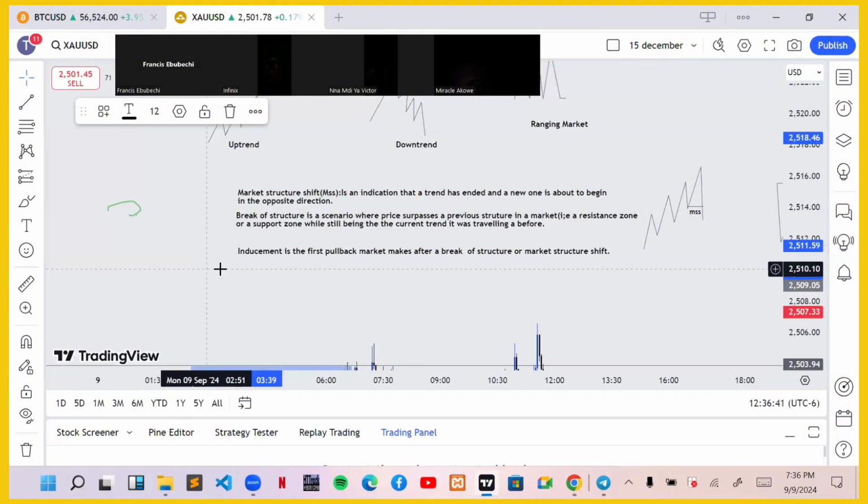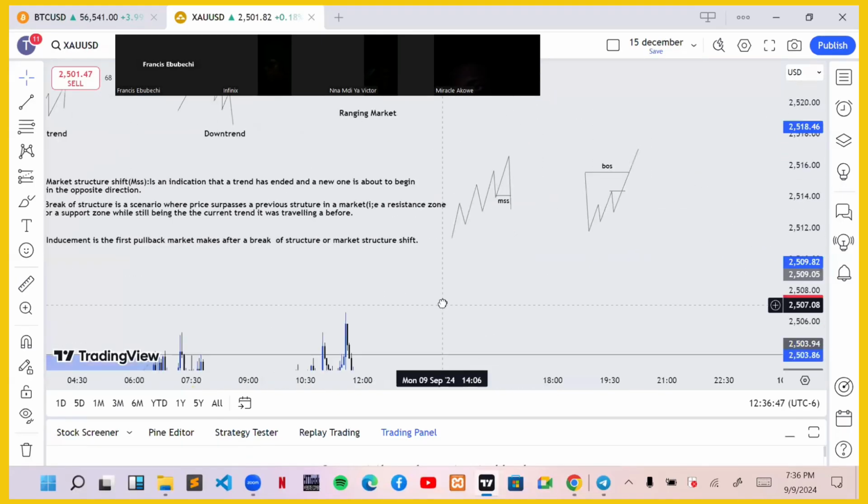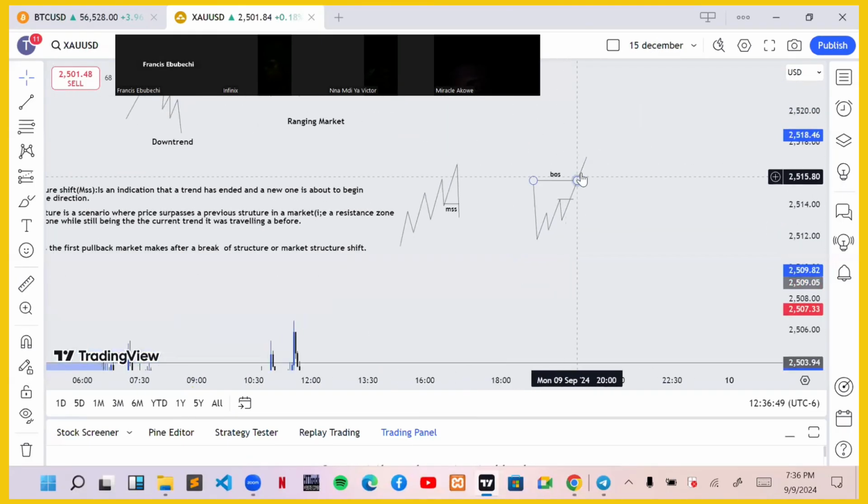Inducement is the first pullback that market makes after a break of structure or a market structure shift. So something like this, for example, this is a break of structure. After market breaks structure, there's usually a first pullback that market makes. After the market makes that pullback, the market continues traveling in that direction that it broke out into.